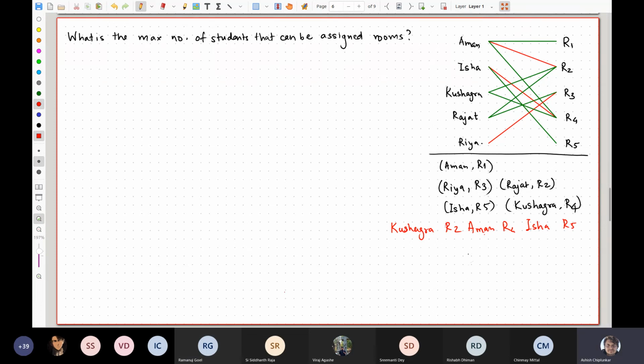Absolutely. Very nice. Okay. So in this diagram, the current assignment as shown is Aman R2, Isha R4, and Ria R3. So how do you improve this? Improvement is what?